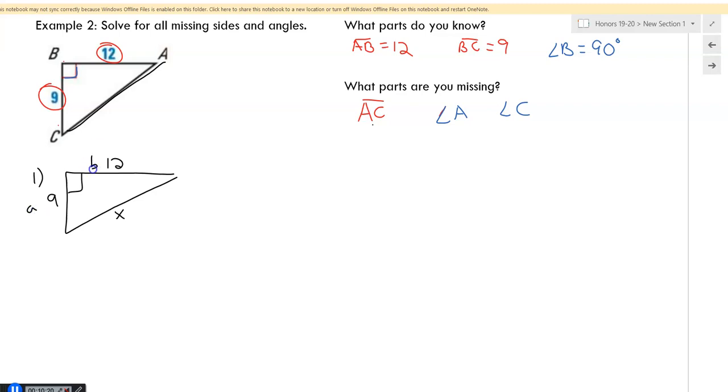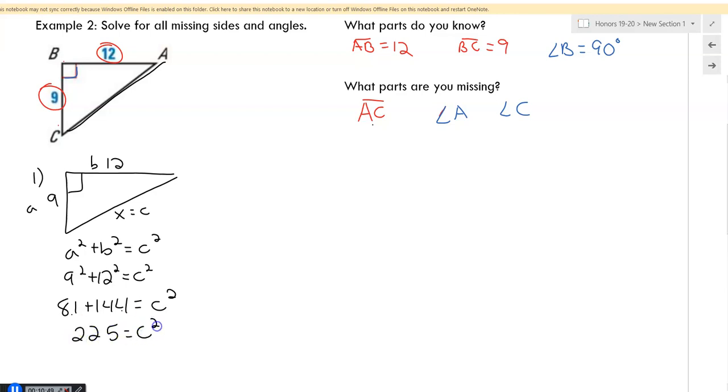So I have A, B. Remember, your hypotenuse has to be that C. Nine squared plus 12 squared equals C squared. So that's 81 plus 144. 81 plus 144 is 225. Take the square root and C equals 15.